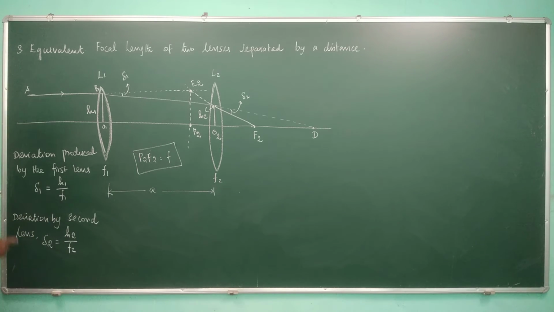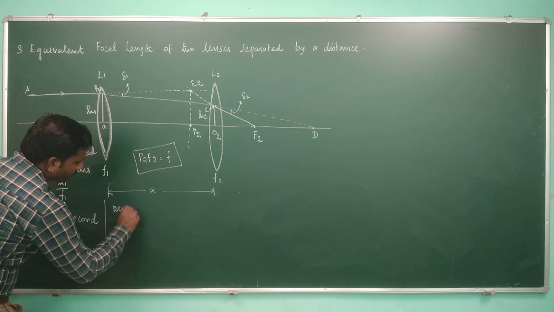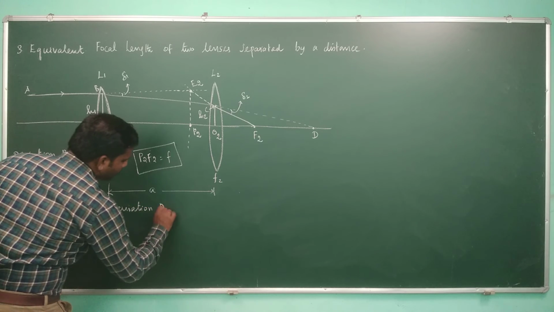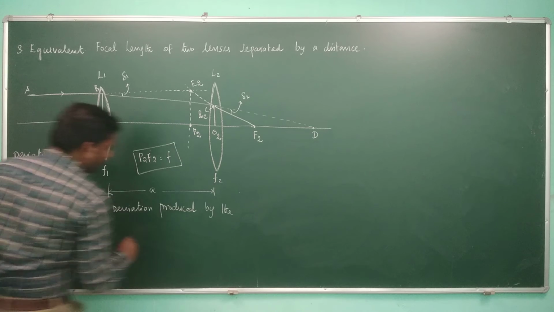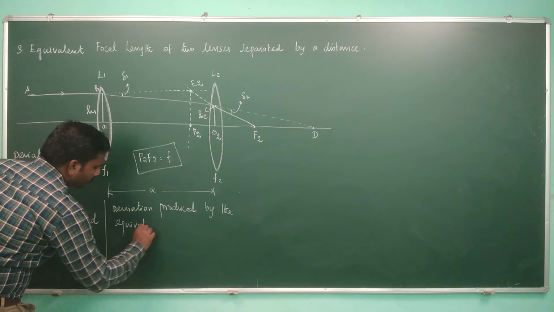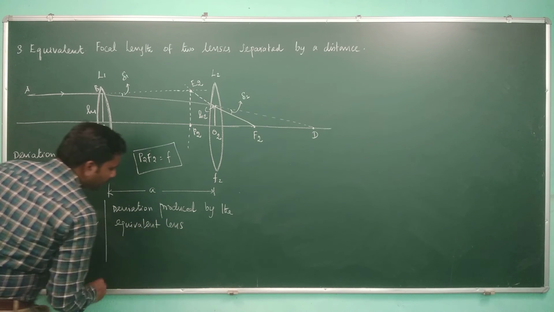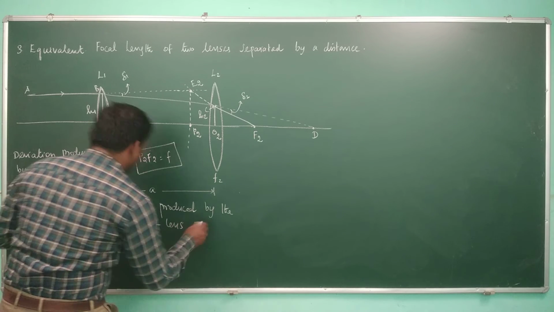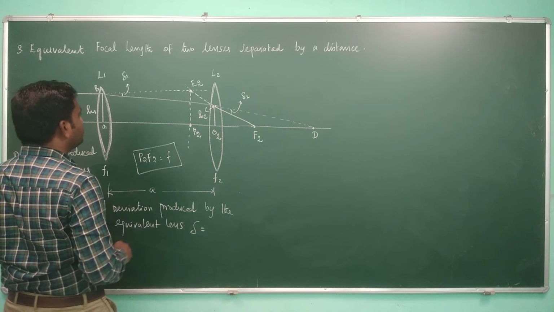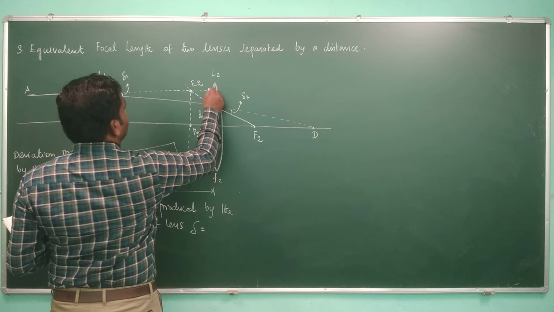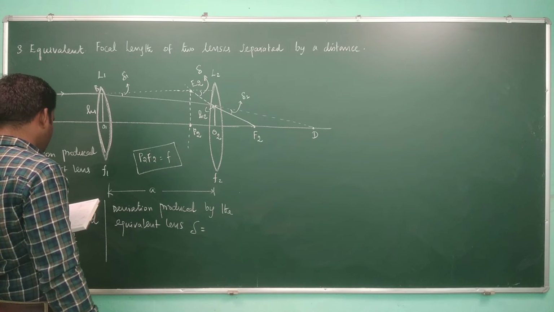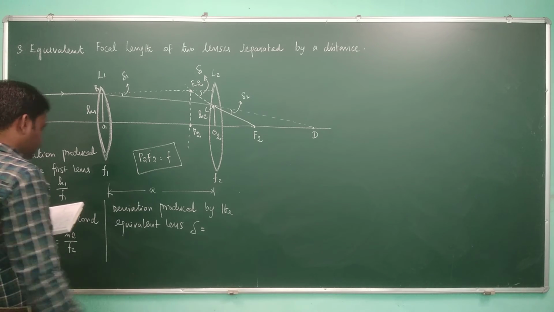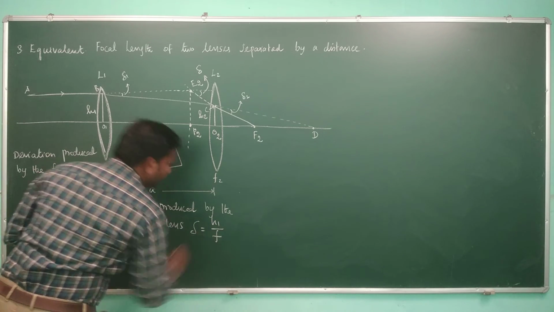Now we can also write the deviation produced by the equivalent lens, delta, that is this angle, and that is equal to h1 by f.